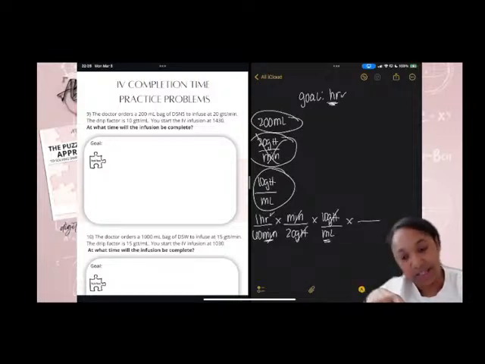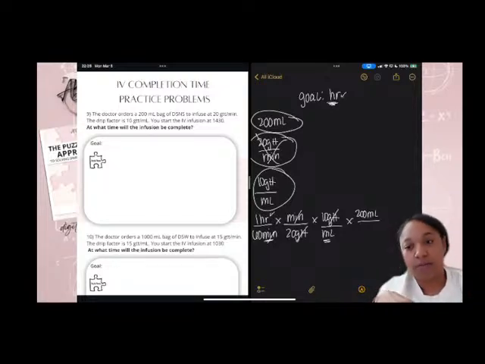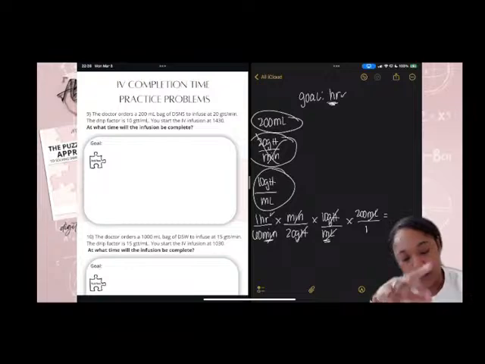And I have one last puzzle piece, which is 200 milliliters. Remember, anything that's by itself is over 1. I'm going to put it over 1, and that 1 shows you that it's in the numerator when you do the multiplication and division. It doesn't go at the bottom, it goes at the top. So milliliter cancels out, and now I have only what I'm looking for, which is hours.